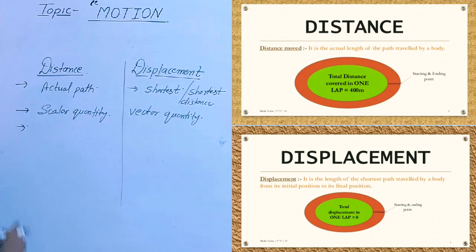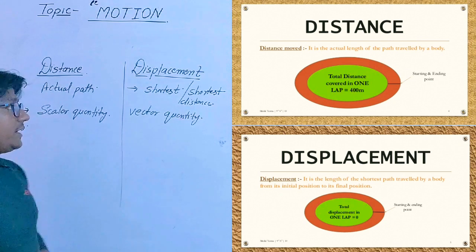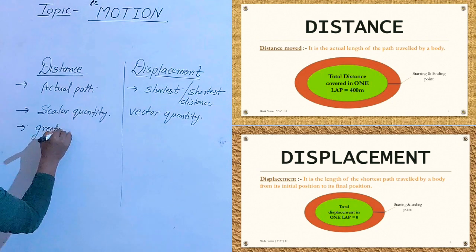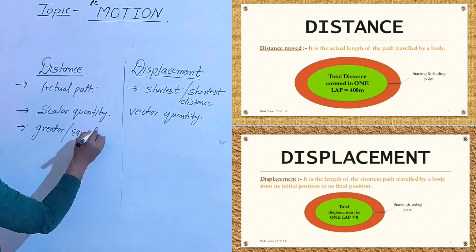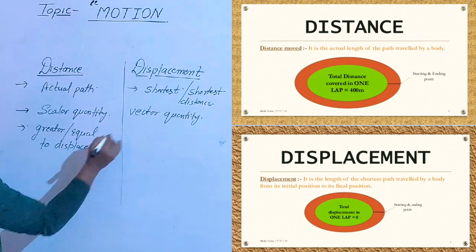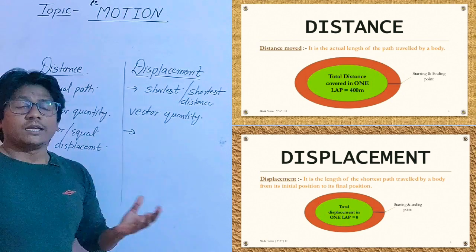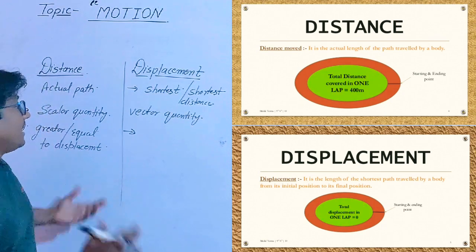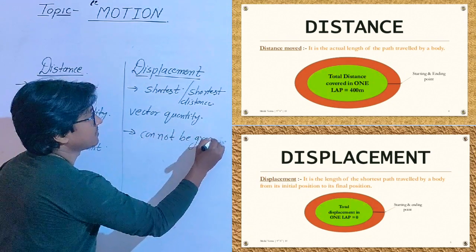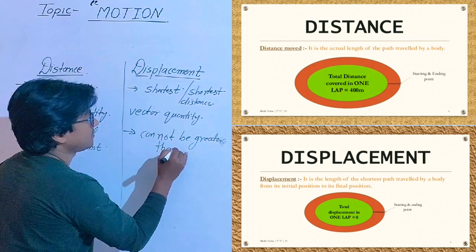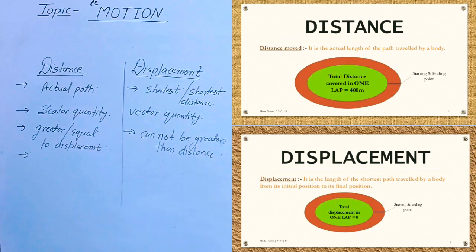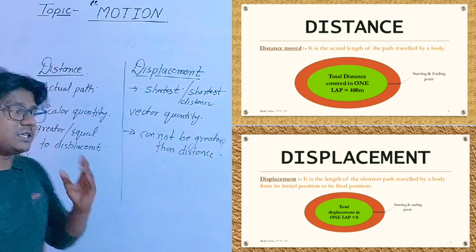Third point is, distance is always greater or equal to the displacement. But displacement cannot be greater than the distance. And the fourth point is, distance is always positive.